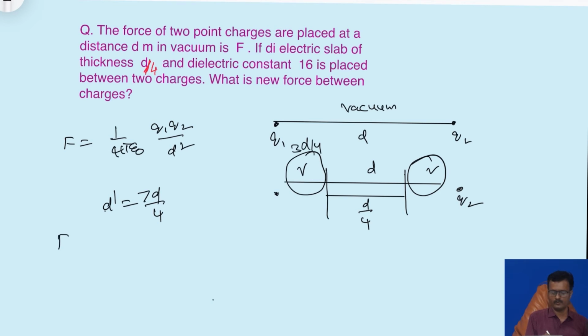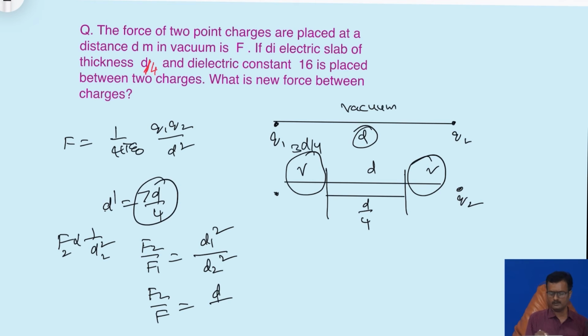Force is inversely proportional to square of distance. F2 by F1: if you put F2 as numerator, then the distance term becomes denominator. Here F1 is denominator, then D1 becomes numerator, inverse. F1 is F, and D1, the initial distance, is d.